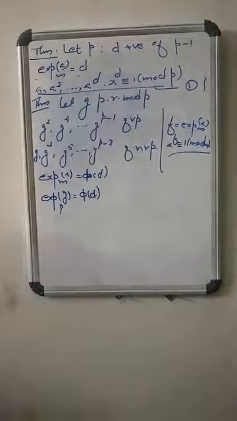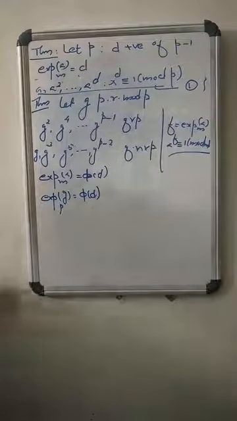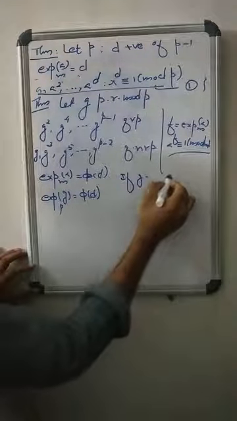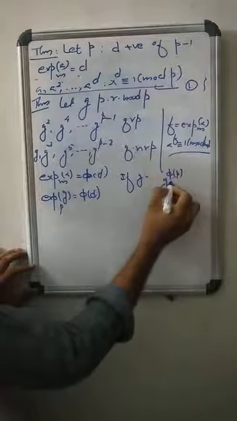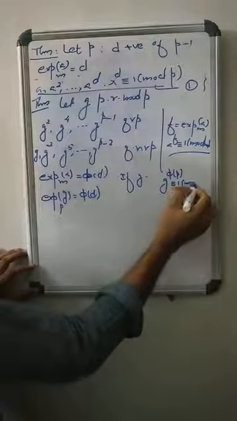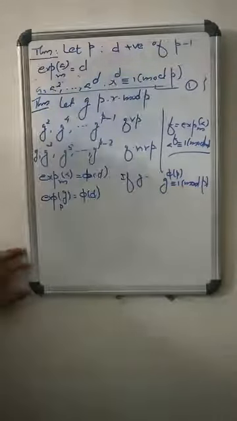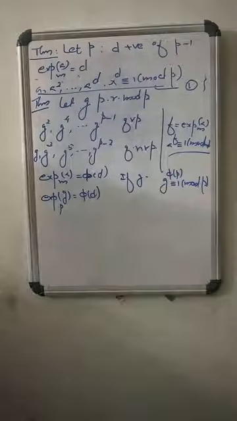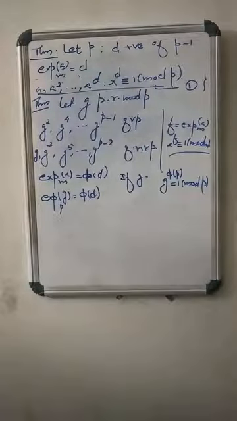Moreover, if g is a primitive root, then g power phi of p is congruent to 1 mod p. Why? We proved a result: when a is a primitive root mod m, then a power phi of m is congruent to 1 mod m. So g power phi of p is congruent to 1 mod p. What is p here? p is an odd prime.